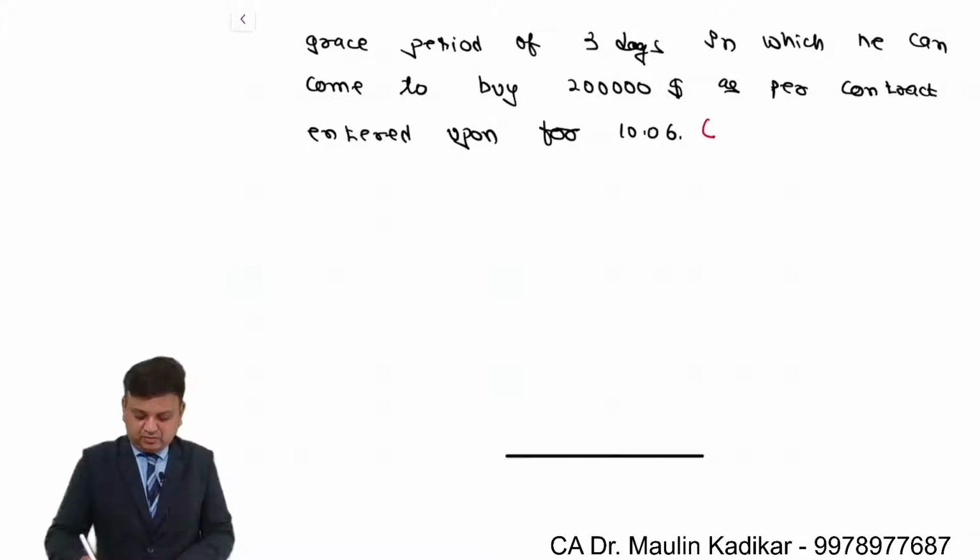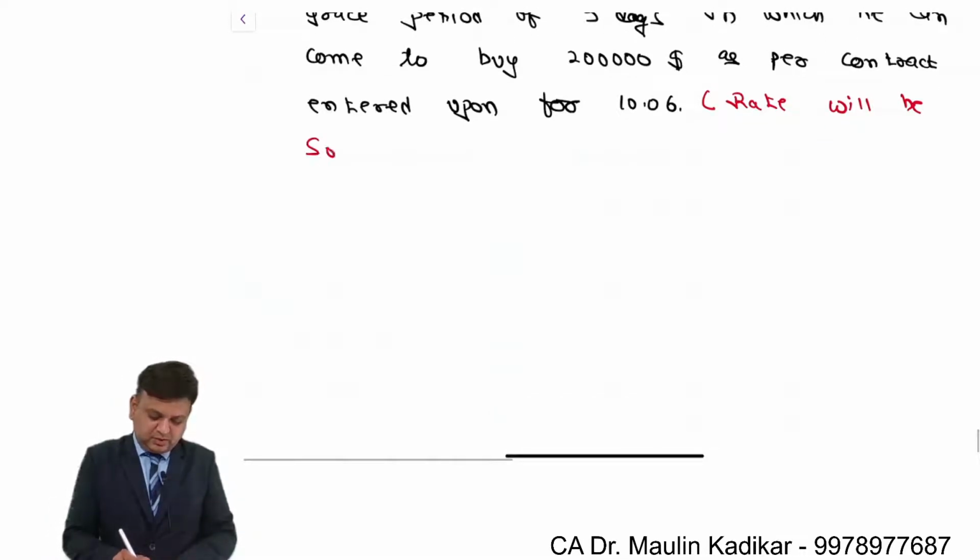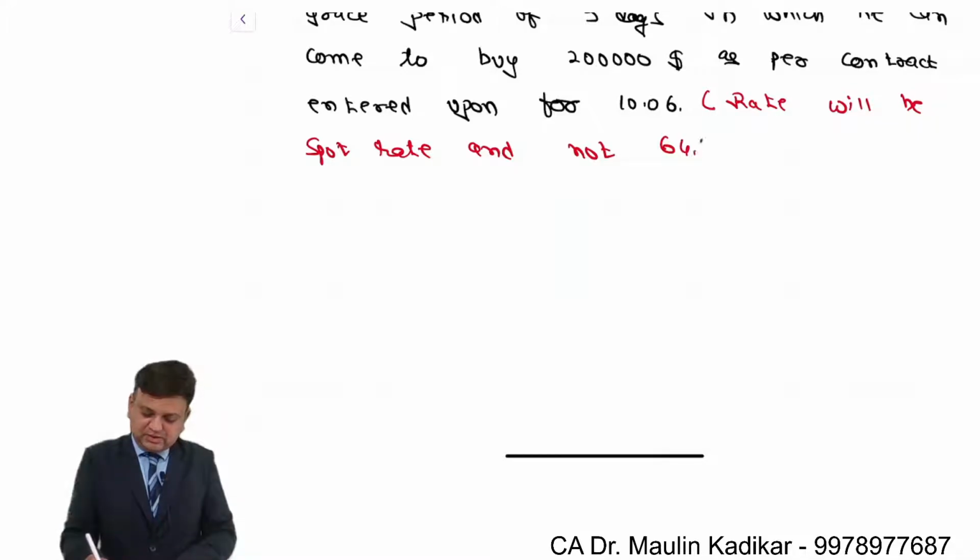In bracket write down, rate will be spot rate and not 64.40 rupees per dollar.